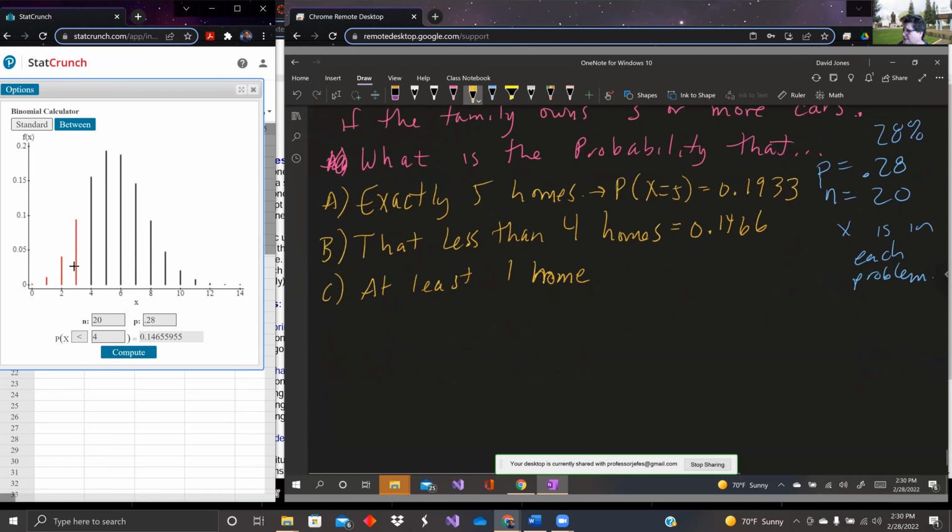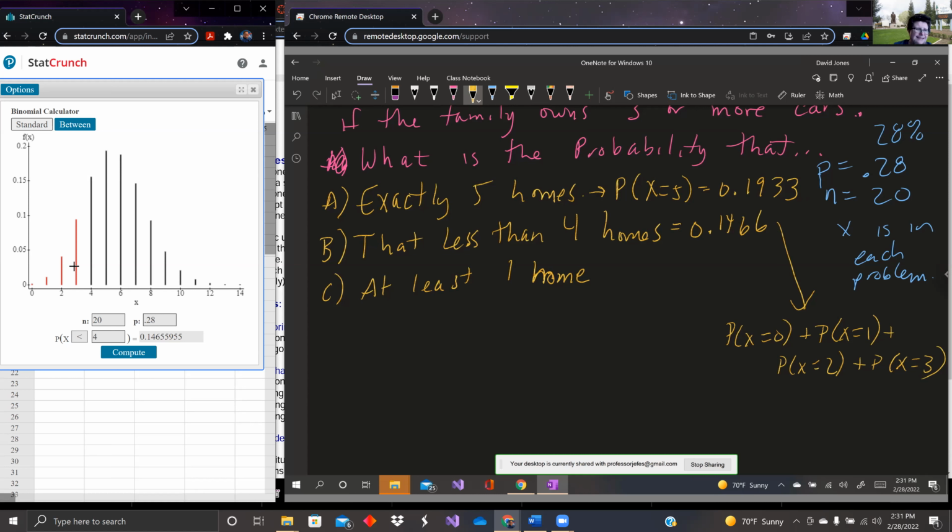And I'm just going to point out real quickly, this is the probability that x equals 0 plus the probability that x equals 1 plus the probability that x equals 2 plus the probability that x equals 3. If we wanted to do that in the formula up top, we would have to do it for each one of those. You'd have to do all 4 of them, which would be a pain and a good way to possibly screw it up. So StatCrunch is definitely helpful here.